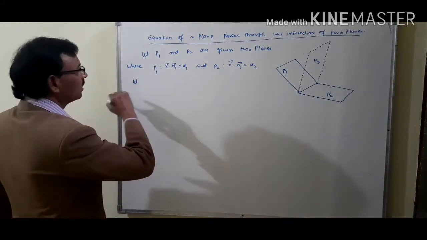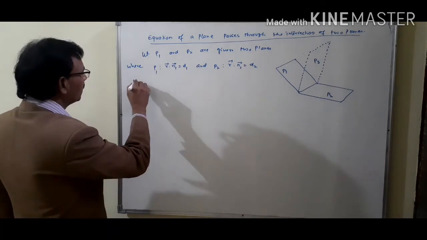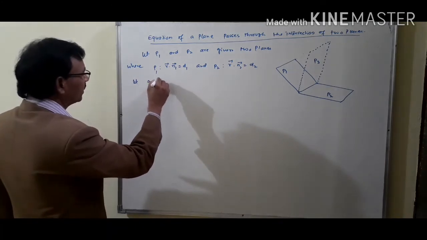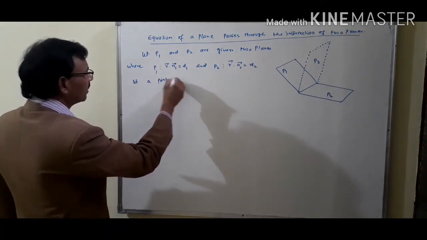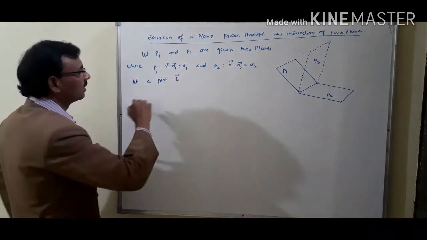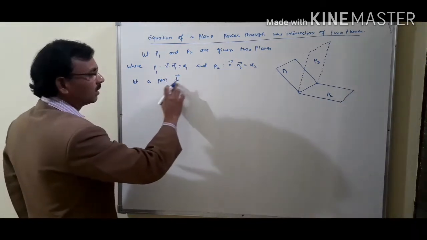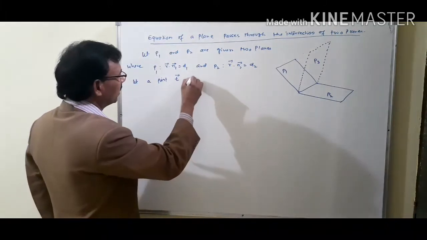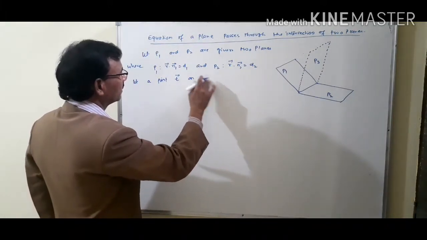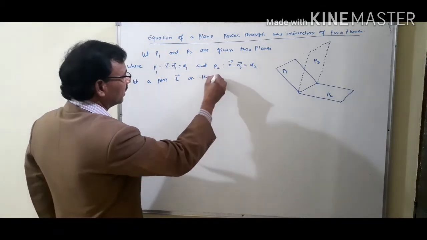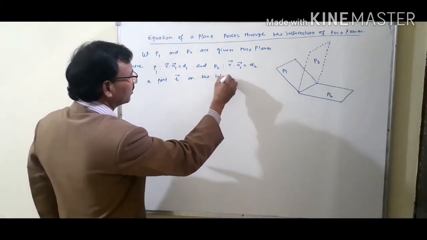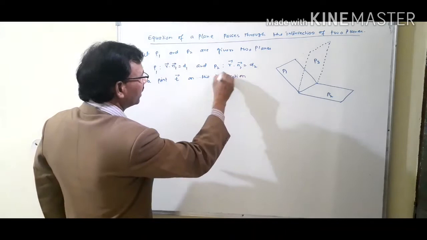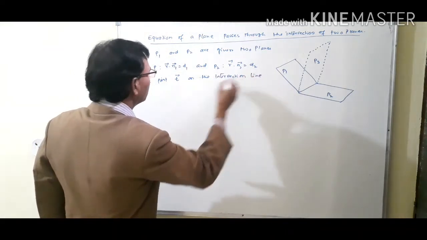Let a point T, whose position vector is T vector, be on the intersection line.